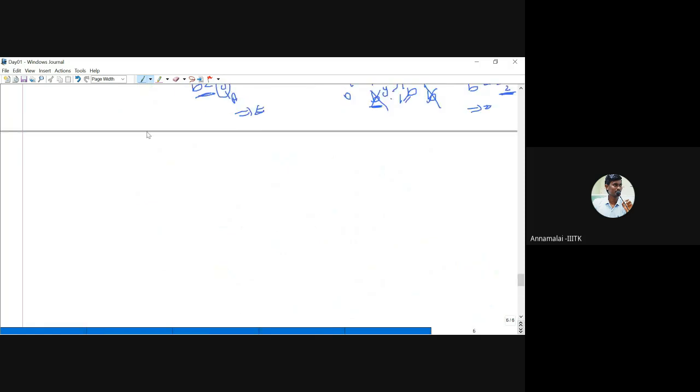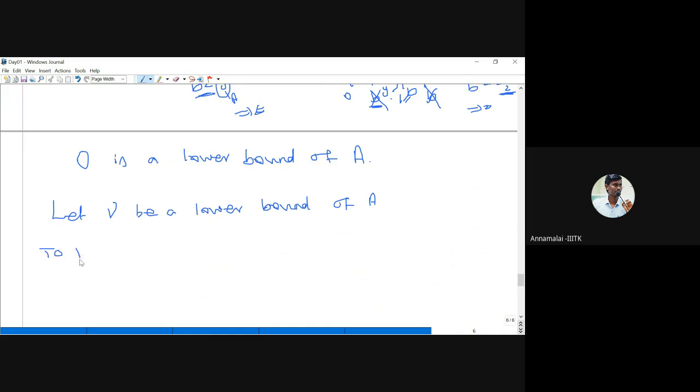So clearly 0 is a lower bound of the set A. Suppose we take some other number, let gamma be another lower bound of A. Now what we have to prove? To prove gamma is less than or equal to 0. We have to prove 0 is the greatest one.